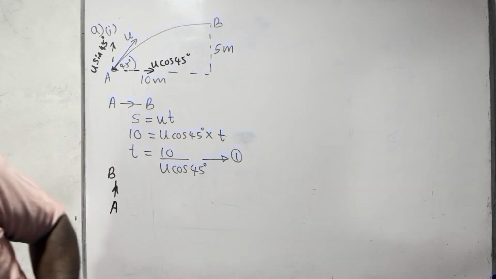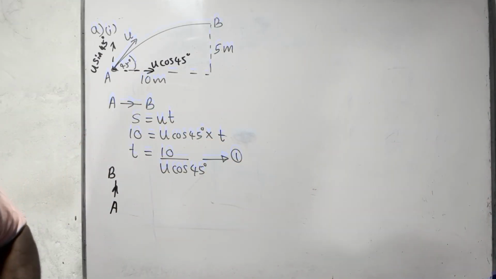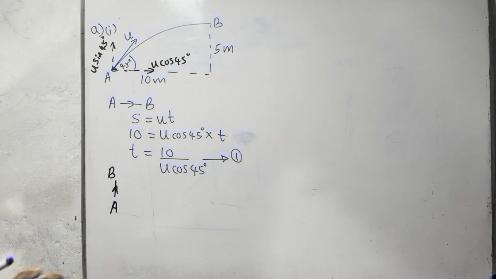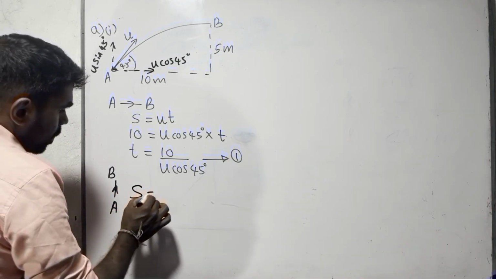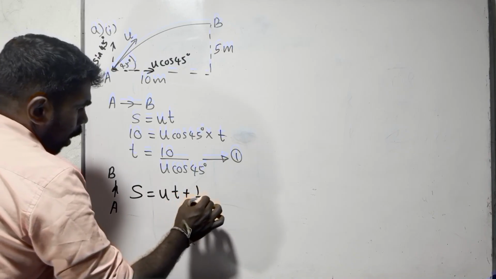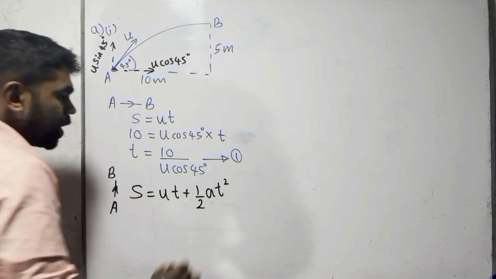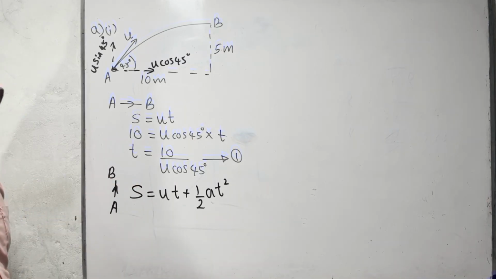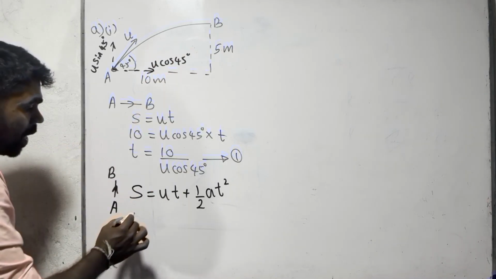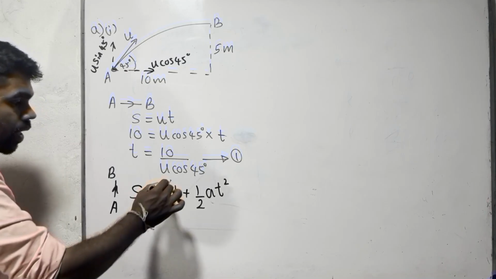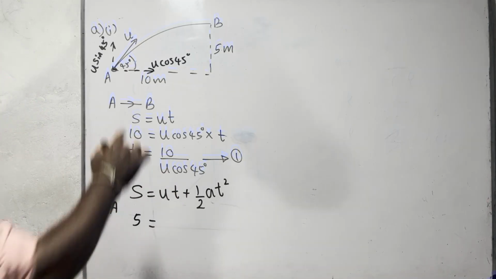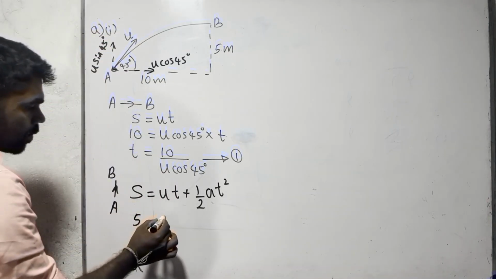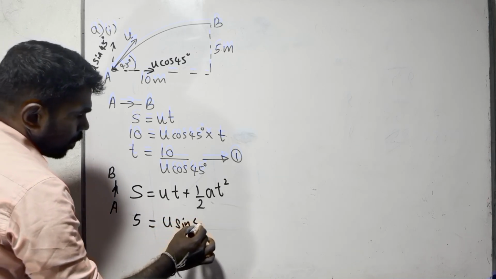We are using the equation in the upward direction. We can use S equals ut plus half at squared in the upward direction. S is the vertical displacement, 5 meters. Initial upward velocity u sin 45.